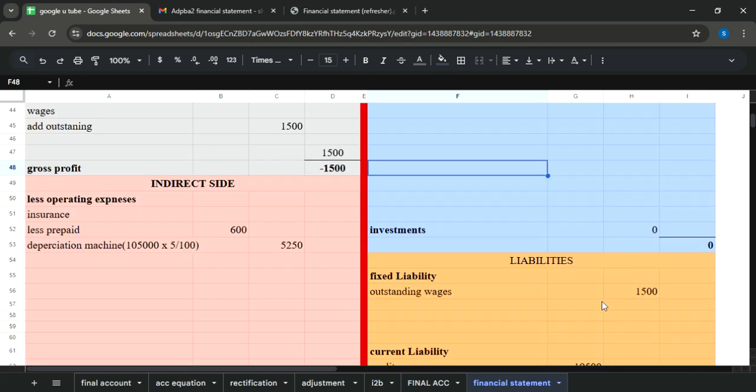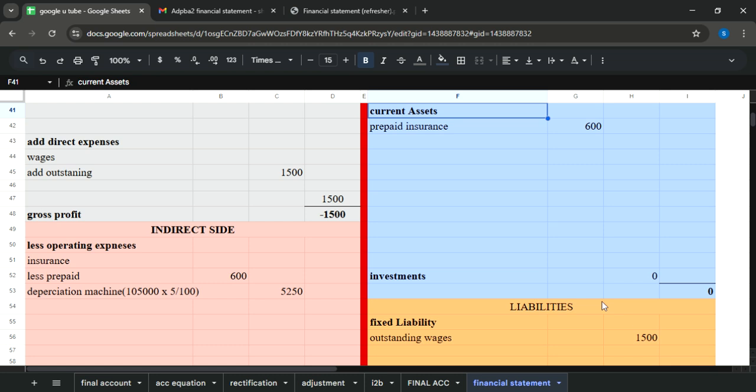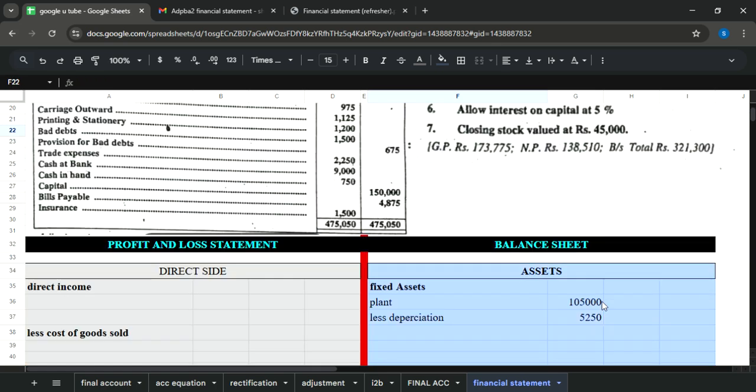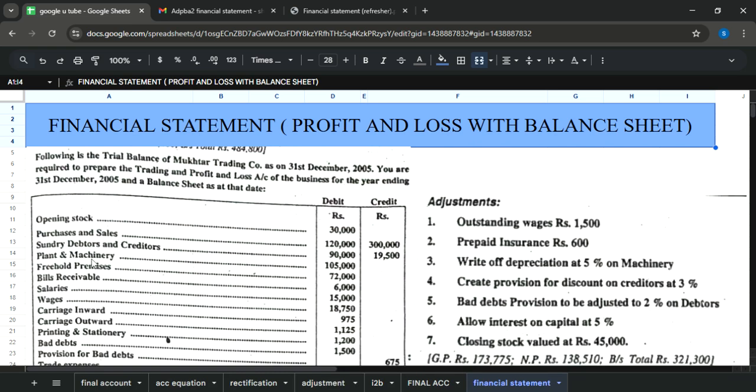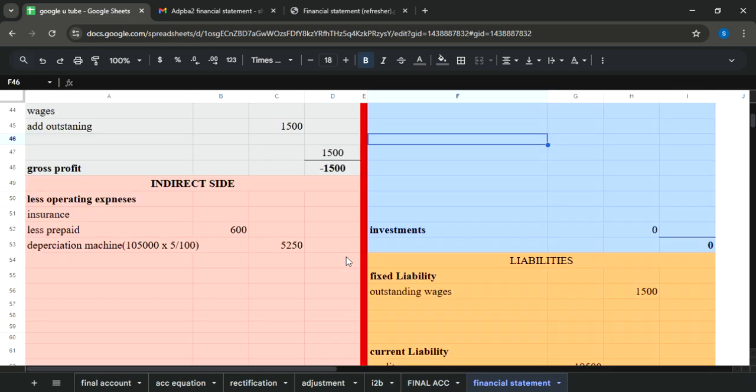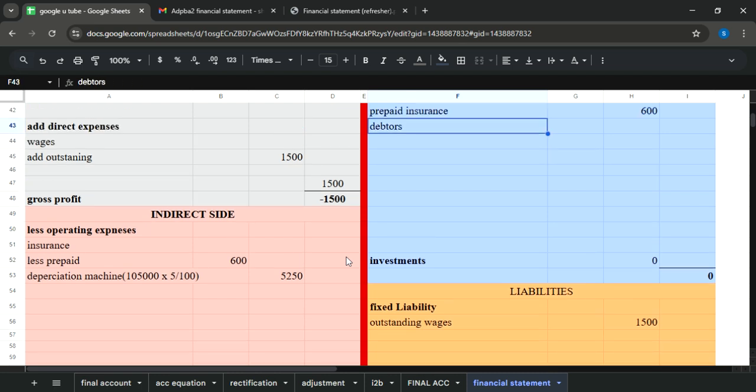Bad debt provision. For that purpose, you will go to current asset and here you will mention sundry debtors first. Since it is related to debtors, let me check. Look here, these are debtors and creditors. Amount of debtors is 90,000. Just put 90,000 over here.